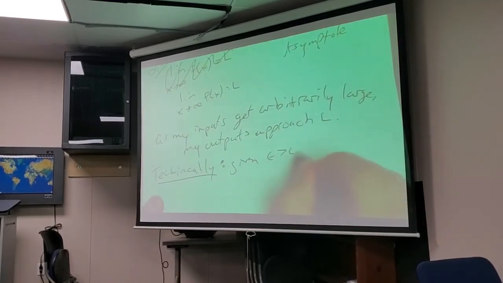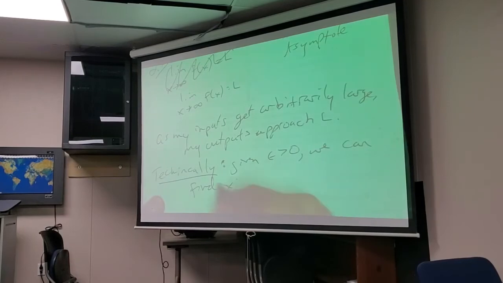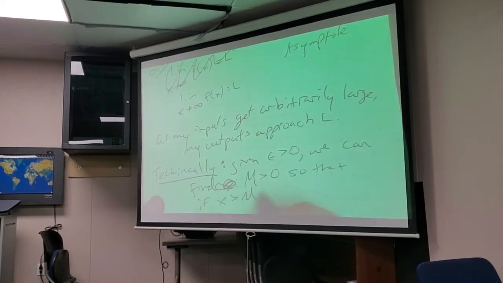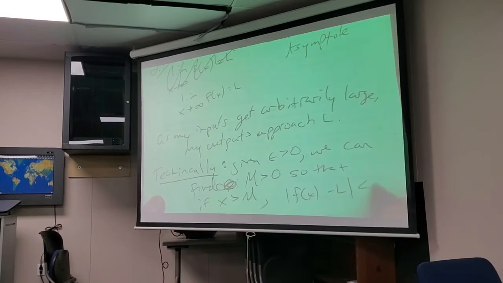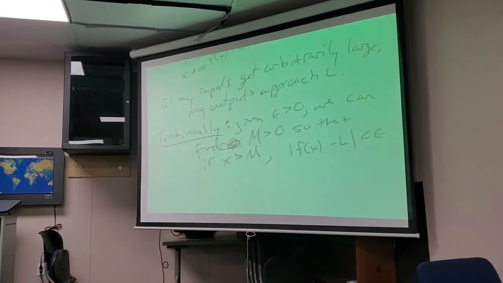Given epsilon greater than 0, we can find M greater than 0 so that if x is greater than M, the distance between the function and L is less than epsilon. So think about this.